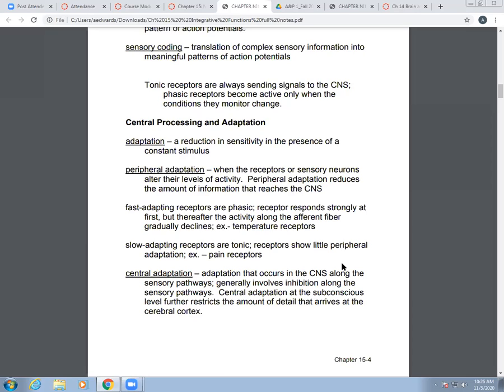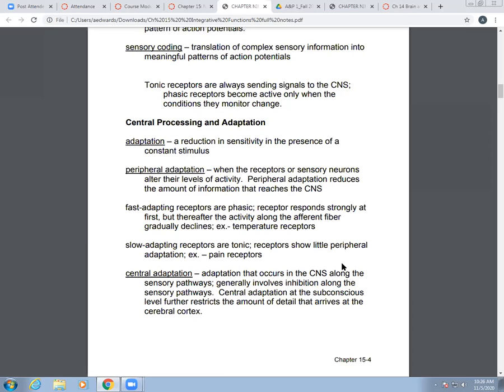Now let's talk about central adaptation. With central adaptation, it's happening in the central nervous system along your sensory pathways, okay? Whereas peripheral is out in the actual sensory neurons, okay?